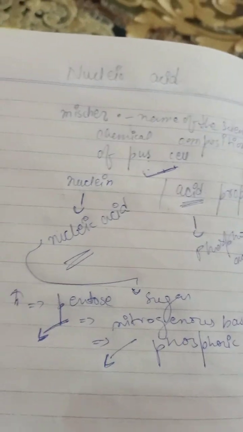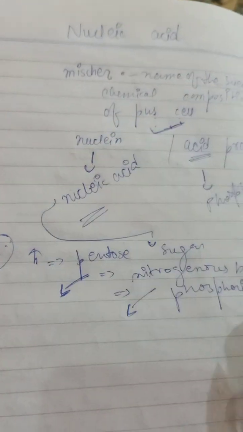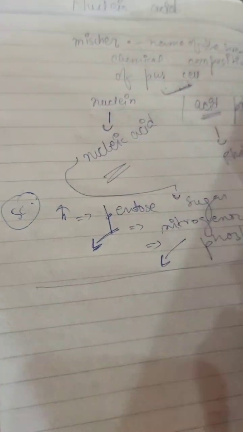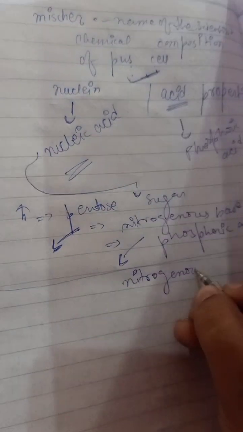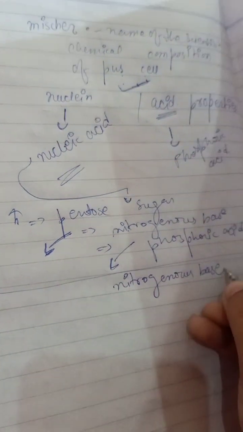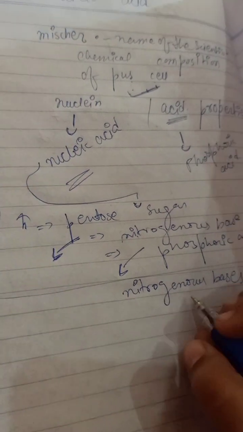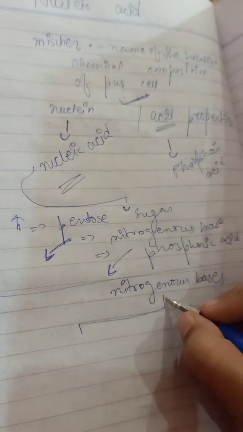Okay, now let's talk about nitrogenous bases. Nitrogenous bases are of two types.